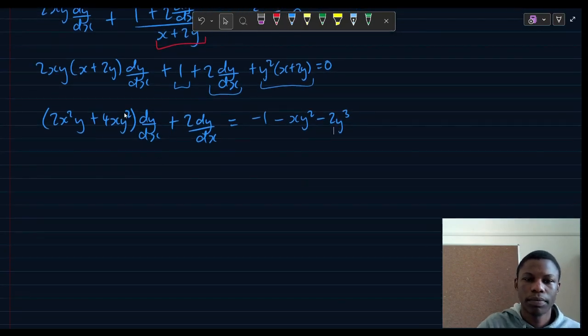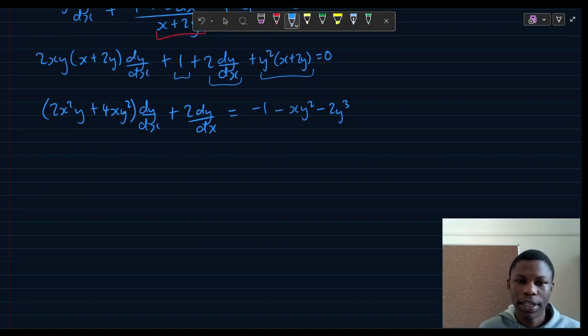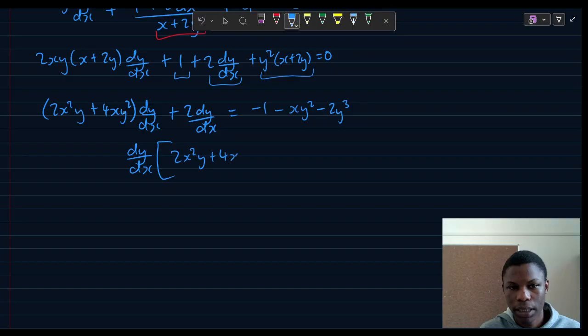Okay. And now we can just factor out dy dx on the left. And so here we've got 2x squared y plus 4xy squared plus the 2. And this is all equal to our negative 1 negative xy squared negative 2y cubed.